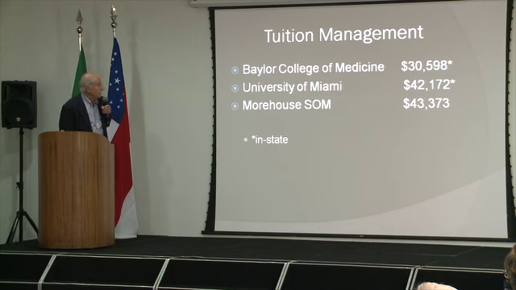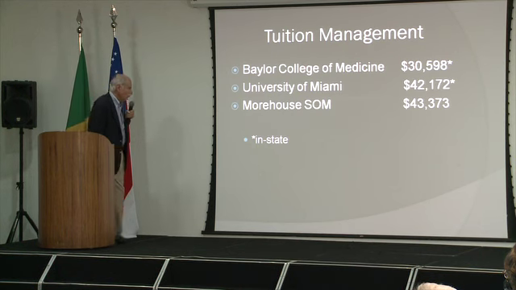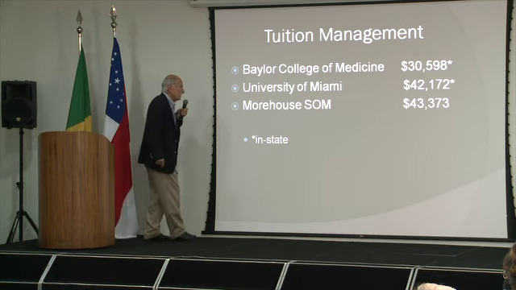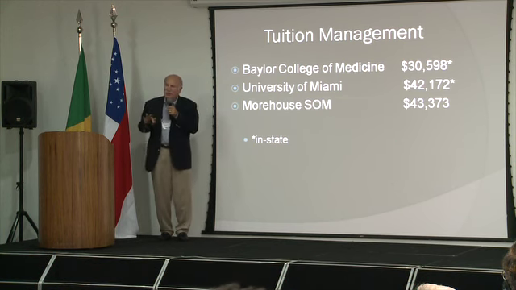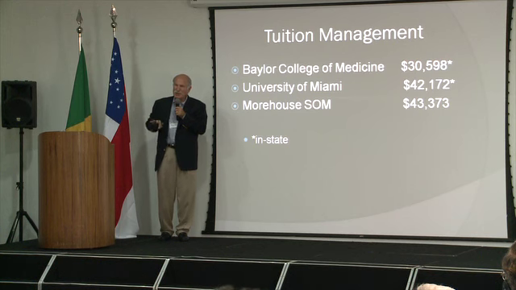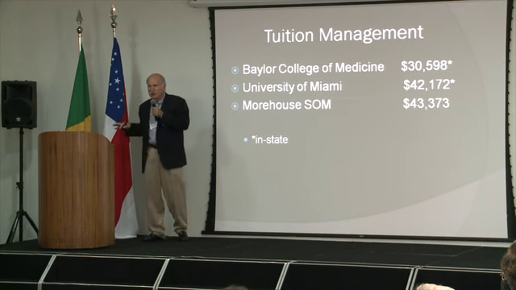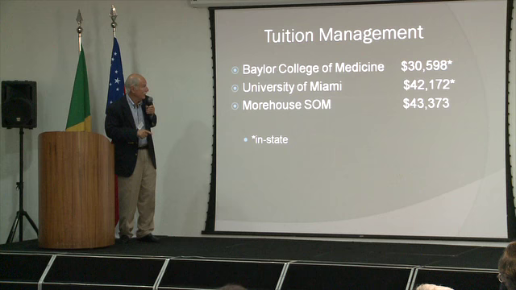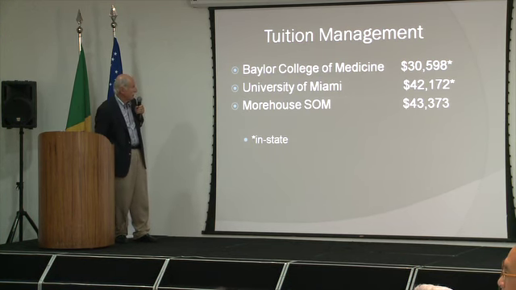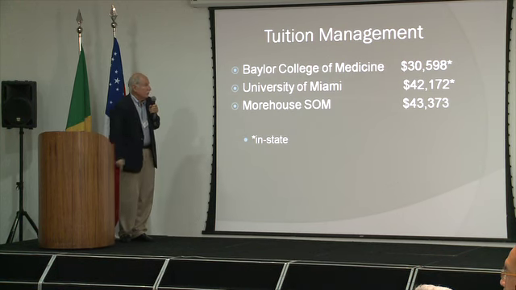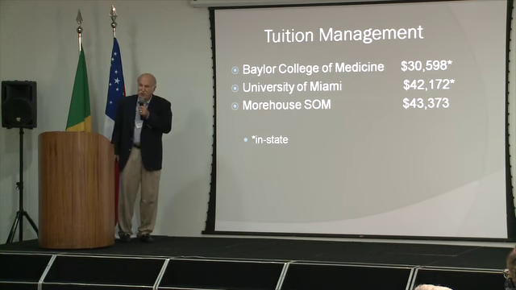Tuition management is another quality that the study examined. We have the third lowest tuition among private allopathic medical schools in the U.S. Baylor is in Texas, University of Miami is in Florida. The figures you see here are for in-state students.